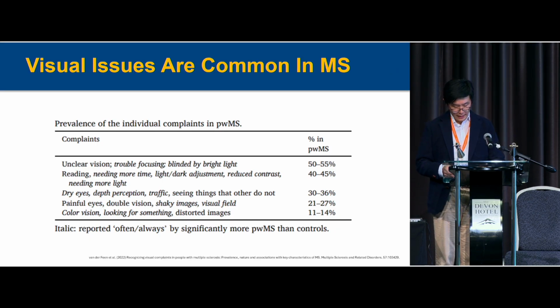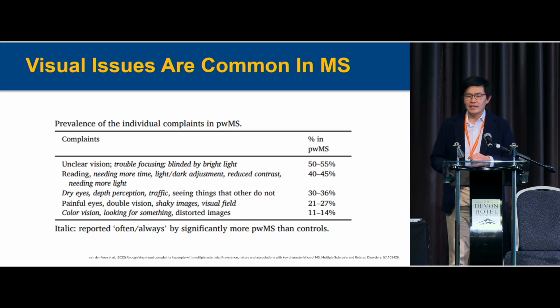Perfect. So, I think I'll start off by saying that visual issues are really common in multiple sclerosis. When we think about visual issues in MS, often we think about optic neuritis. And even if you haven't been given a diagnosis of optic neuritis, people with MS experience visual symptoms, and they're really common.